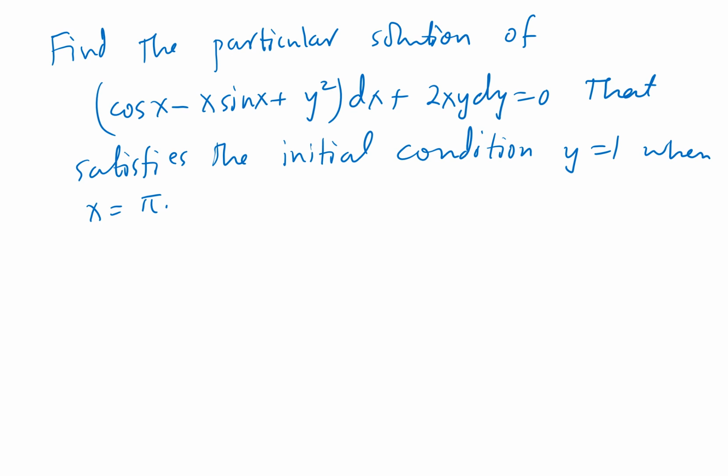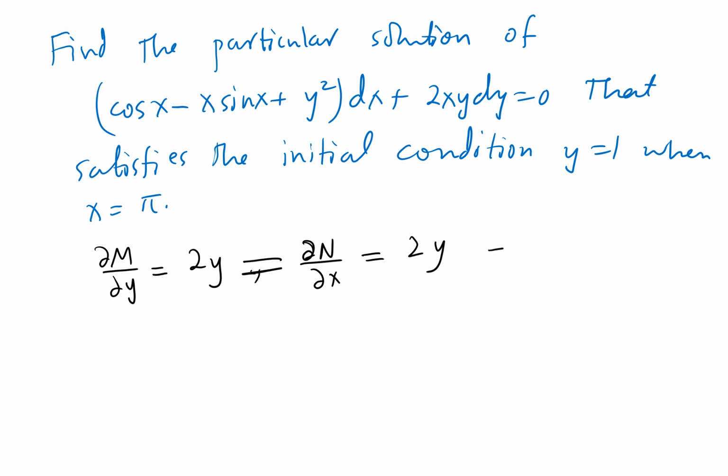To do that, we can start testing if this is exact or not. So we find the partial M partial y, which is 0 plus 2y, and partial N partial x is 2y. So they're the same. So that tells us it's exact. So then f(x,y) equals what? We need to find what that is.